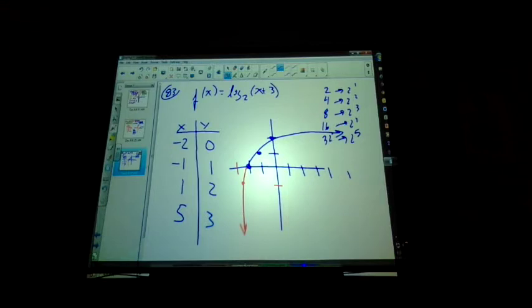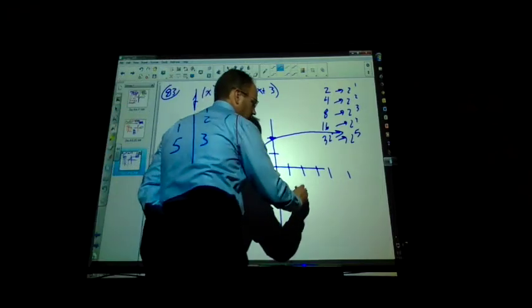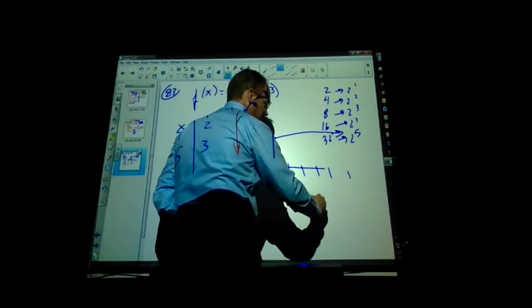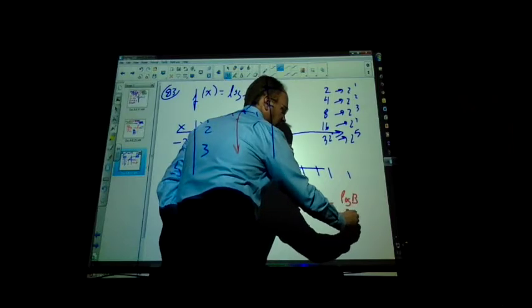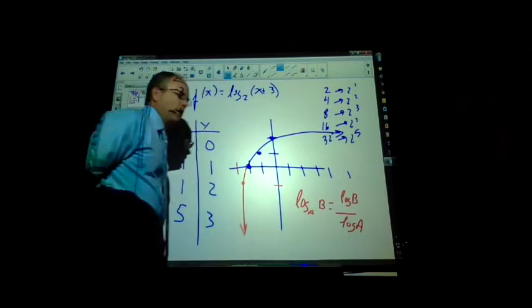So go log 0.0001, close parentheses, divided by log 2. What do you get? So what I'm continuing to do is I'm taking log base A of B is equal to log B over log A. This is change of base on the calculator.